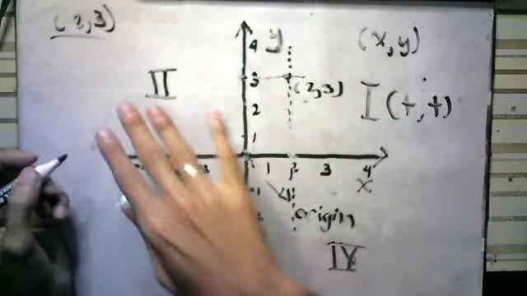So the ordered pair in the third quadrant will be negative, negative. Diagonally, the first quadrant is positive, positive and the third quadrant is negative, negative. The fourth quadrant, which is diagonal to the second, is the opposite: if the second is negative, positive, then the fourth is positive, negative.